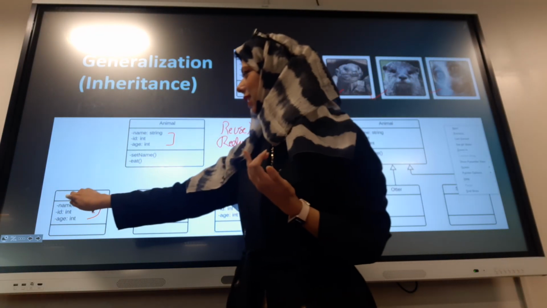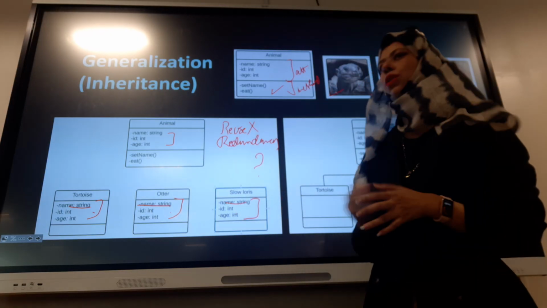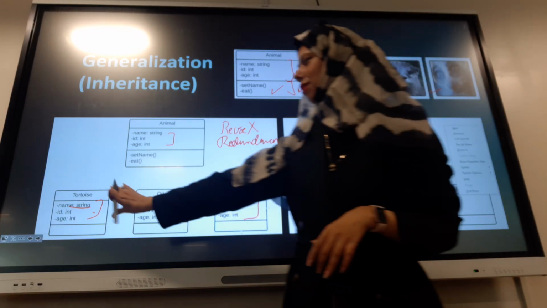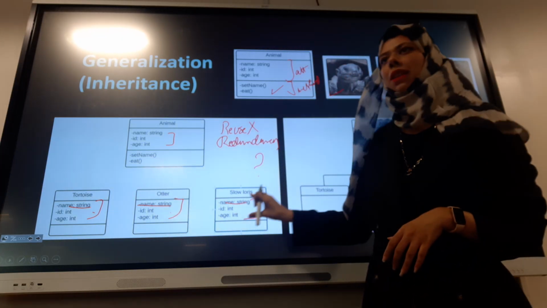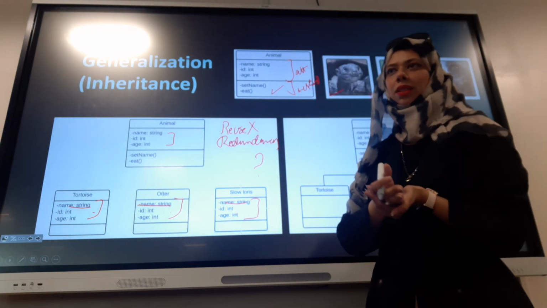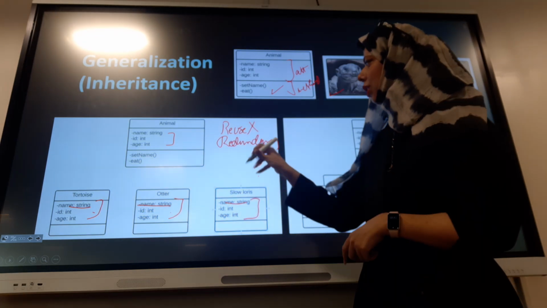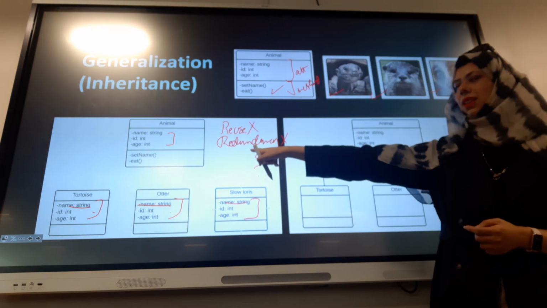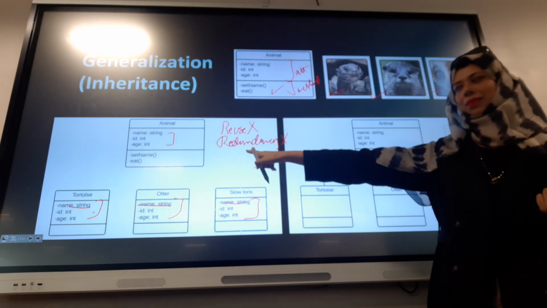Duplication means like I see name, name, name. This is duplication, right? But when I say redundancy, it means this is entirely repeated, okay? So duplication could lead to redundancy, not the opposite. So this model is suffering from the lack of reuse and a high level of redundancy.